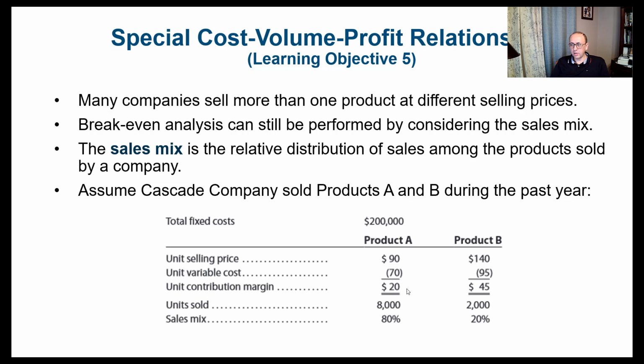Their variable costs are $70 and $95, and their contribution margin is the difference: for product A it is $20 and for product B it is $45. The number of units sold of A in the past year was 8,000 units, and for product B it's 2,000 units. So the sales mix, if we add them up, is 10,000 units. Product A represents 80%, and product B represents 20%.